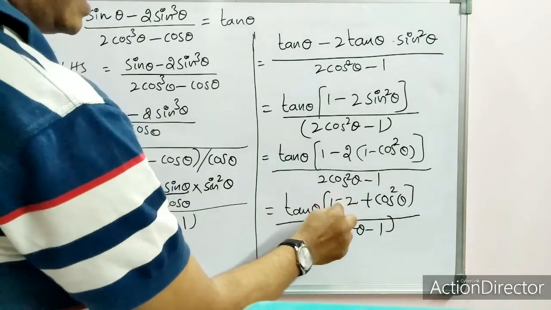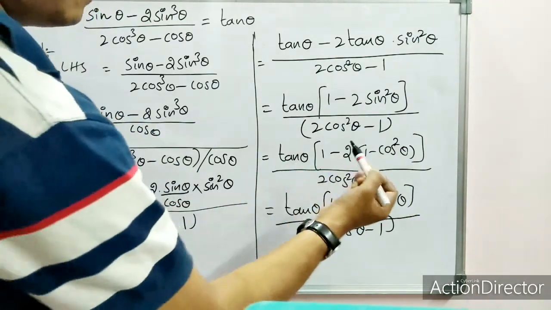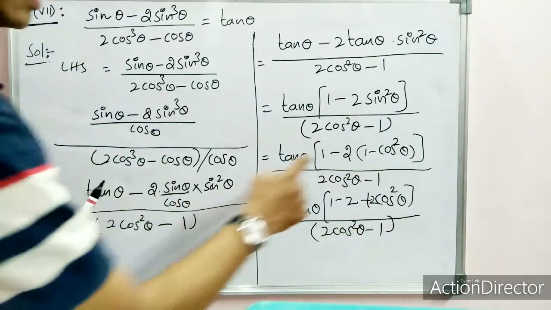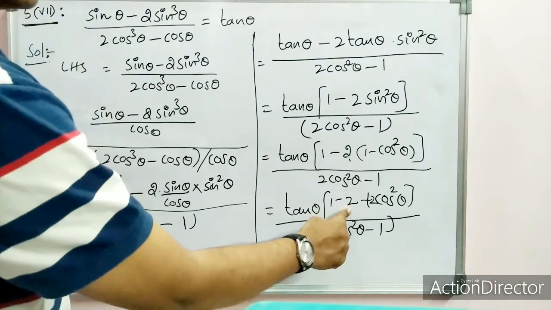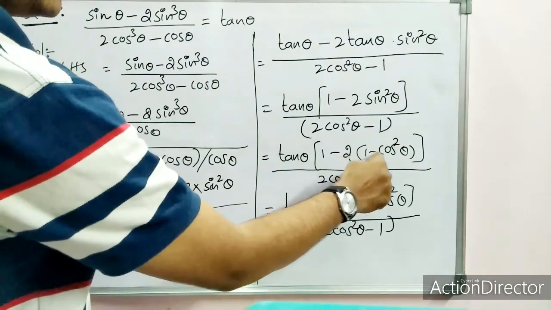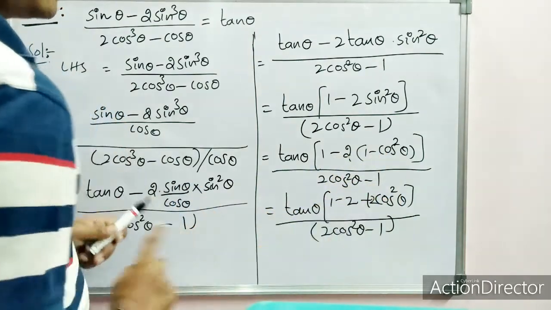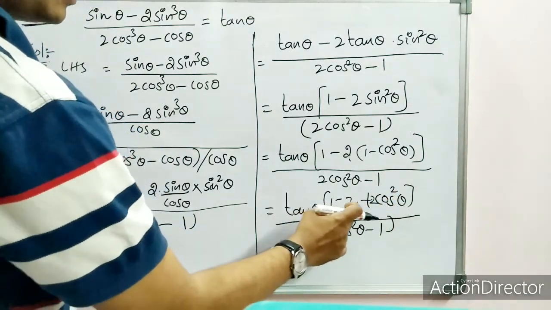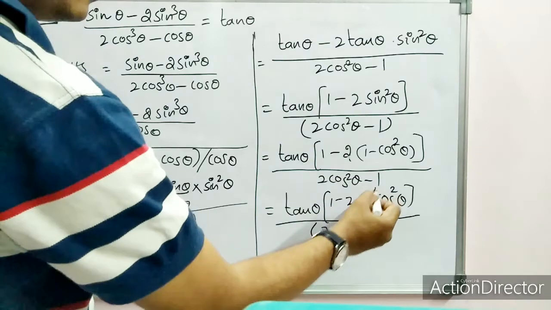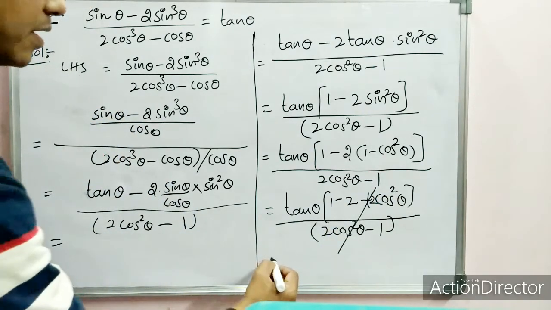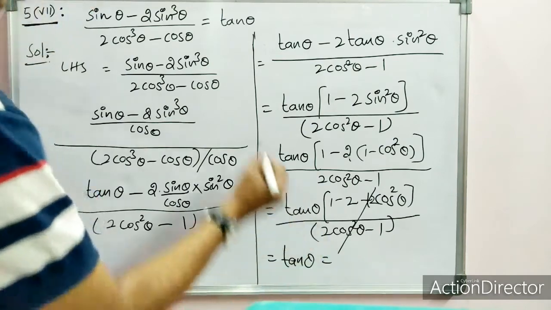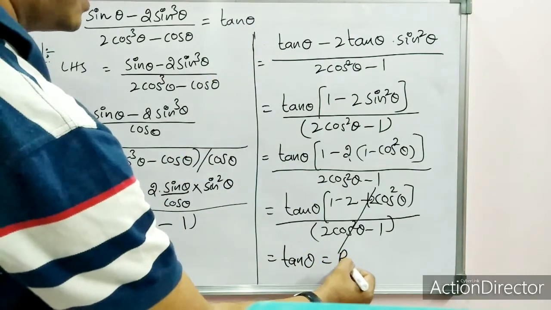So totally we have minus 1 plus 2 cos square theta. Now here 2 cos square minus 1, here also 2 cos square minus 1, so both will be cancelled. Now the answer is tan theta, that is the required RHS.